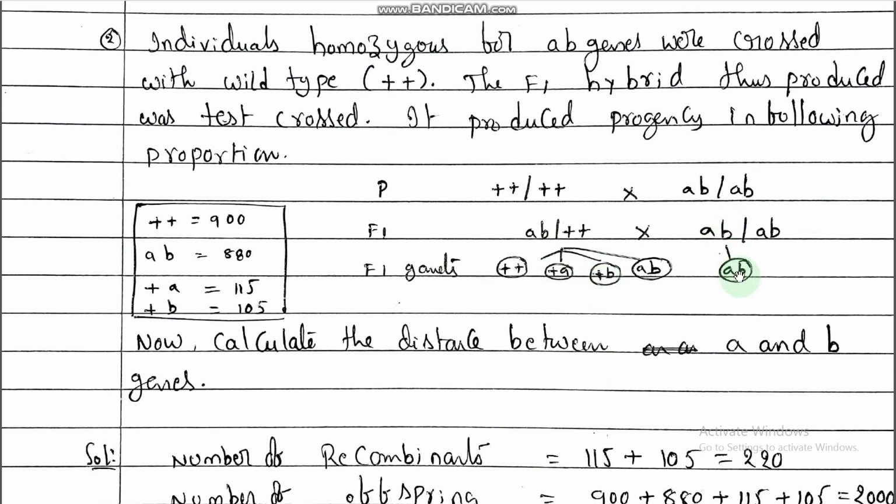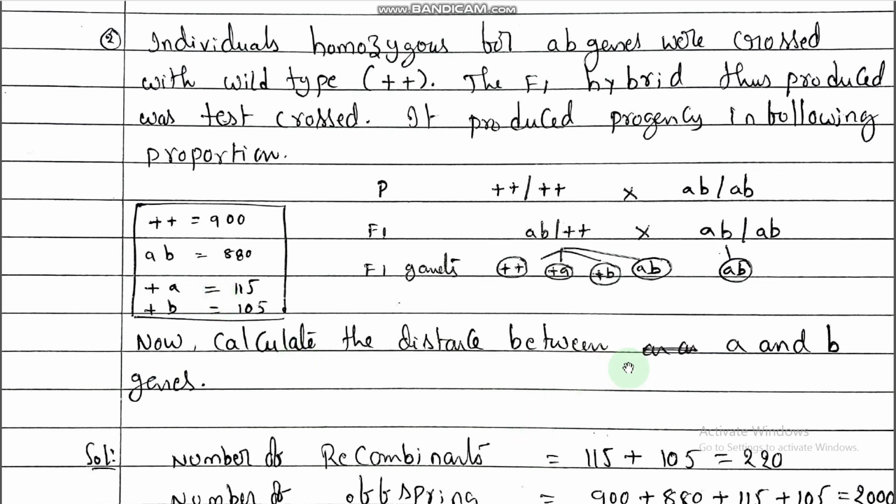So this gamete is ab. Okay, right. Now plus plus, homozygous dominant, is 900 formed, ab is 880 formed, that is recessive, and these two are recombinants. Plus a is 115, plus b is 105. Plus a 115 progenies, plus b 105 progenies are formed.